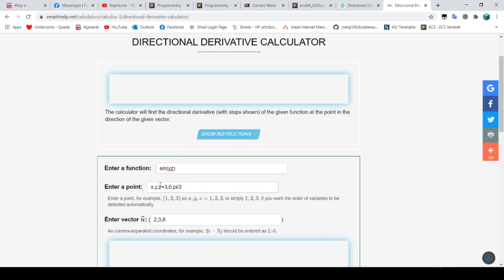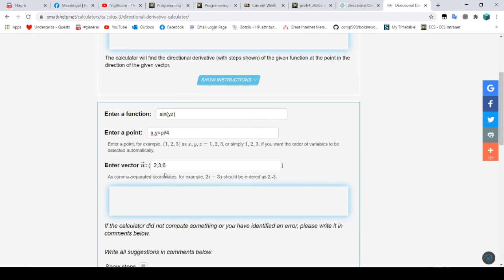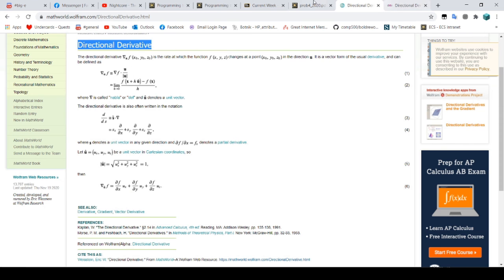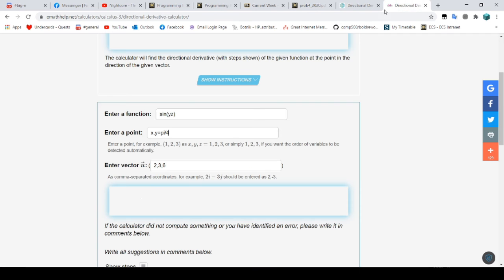Enter a point. We don't even need the Z. I just want pi over 4. Enter a vector. Was it 3, 2? 3, 2.